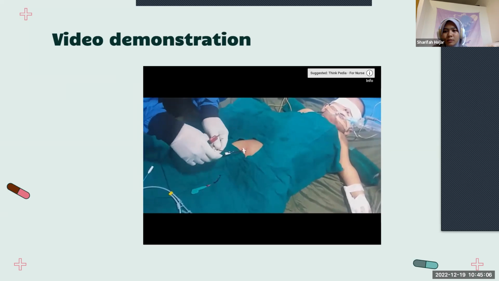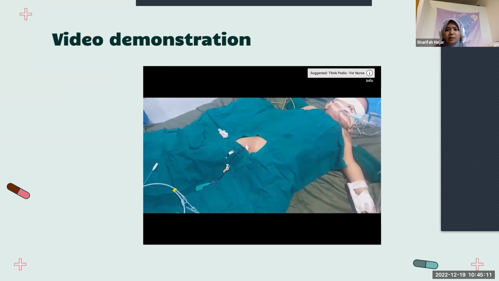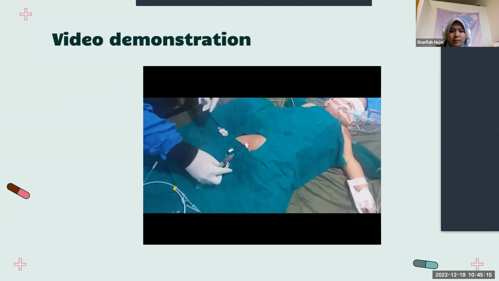Right. So they infuse normal saline to check the flush.